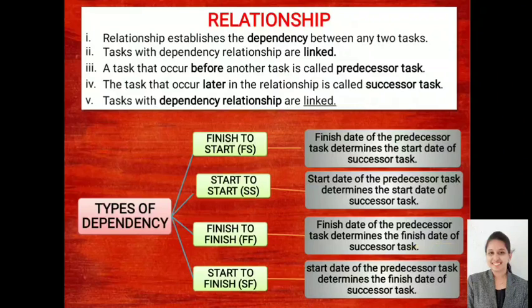That is called a finish to finish activity. For example, in painting, irrespective of whenever I start my internal paint and external paint, I will establish a finish to finish relationship between them. That means independently, let them start on any day, but they have to complete on the same day. The last one is start to finish.